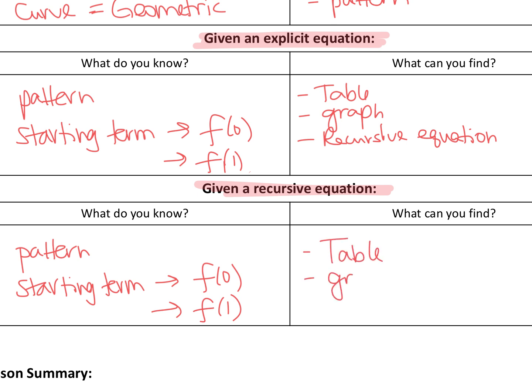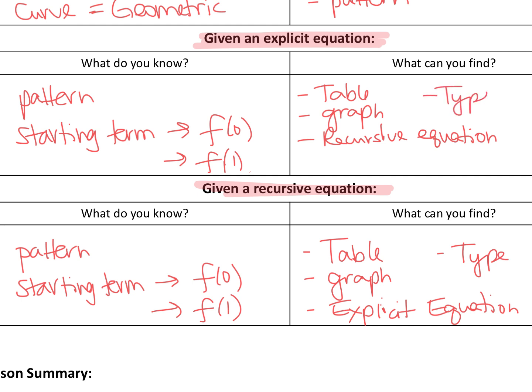You can easily create a graph. And you should easily be able to do your explicit equation. You should also pretty easily be able to see your type of sequence. I'm going to add that for both of these. Type of sequence should be pretty obvious from an explicit or recursive equation.